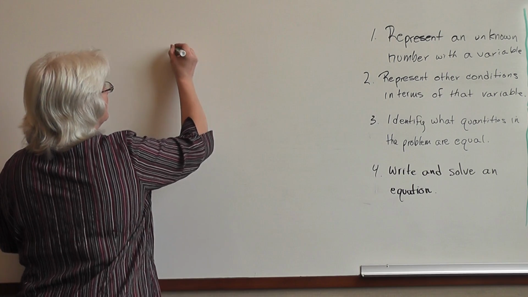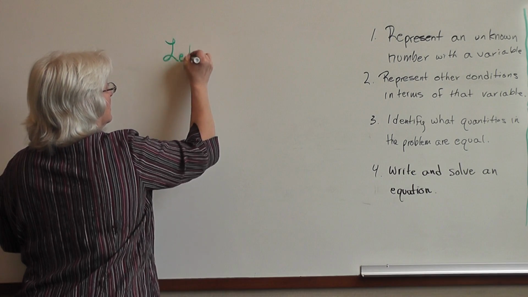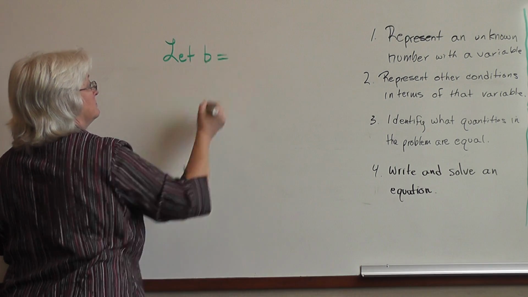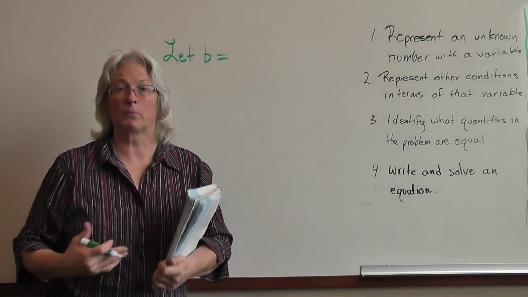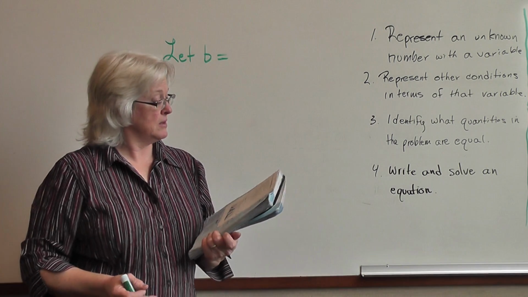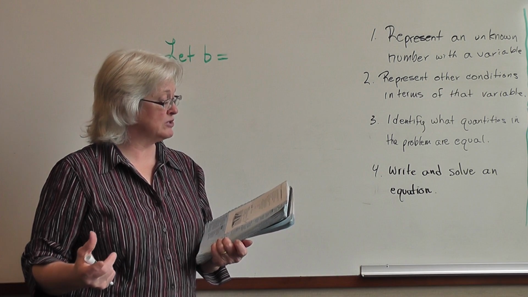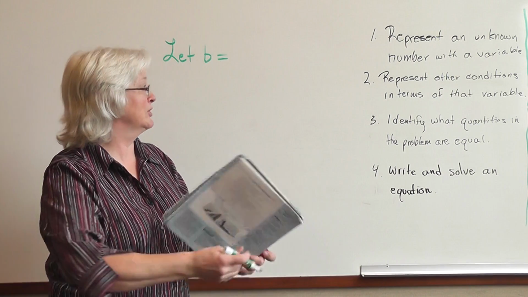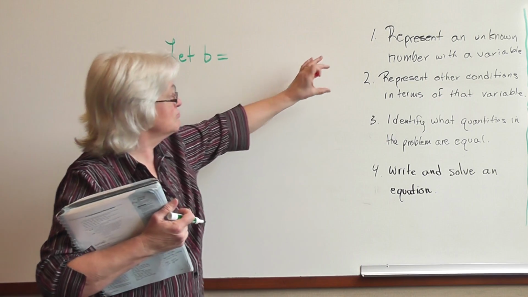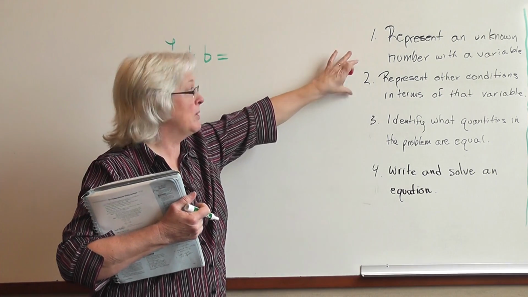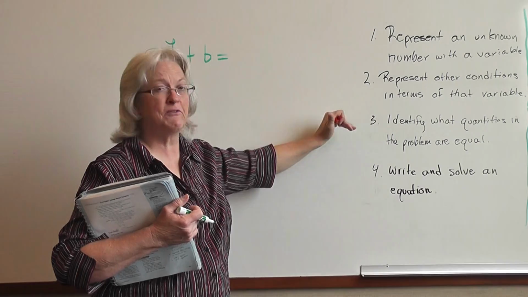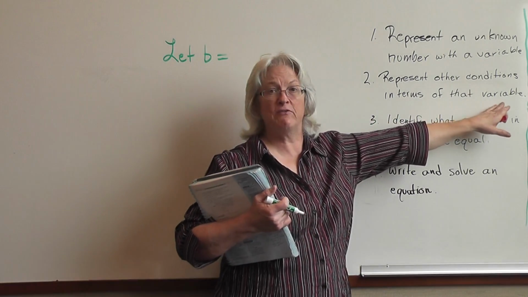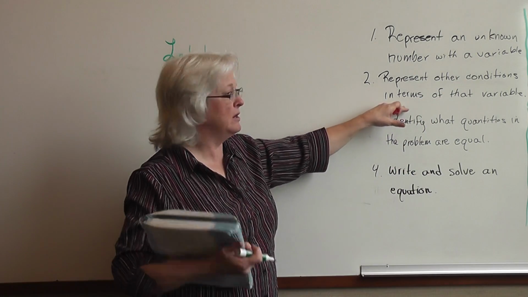So we have to figure out what our variable B is going to represent. Let's look back in our problem, see what we have. It says the cost of a small beverage is 60% of the cost of a large beverage. That sentence right there goes right back to the second part of our process for coming up with an equation: represent other conditions in terms of that variable, or in terms of that unknown.